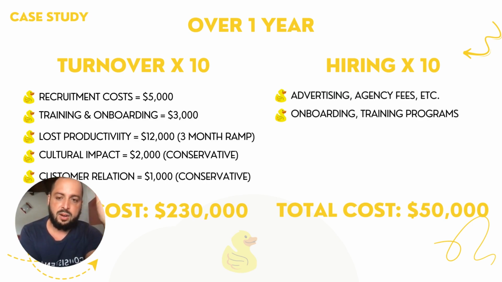Pretty basic math there. We have a $230,000 cost for losing 10 people. And on the right, just for hiring 5 or 10 people, we have a $50,000 cost. So we can really start to see how this is illustrated in this little case example that, man, it's almost 4 times more expensive to simply lose an employee.